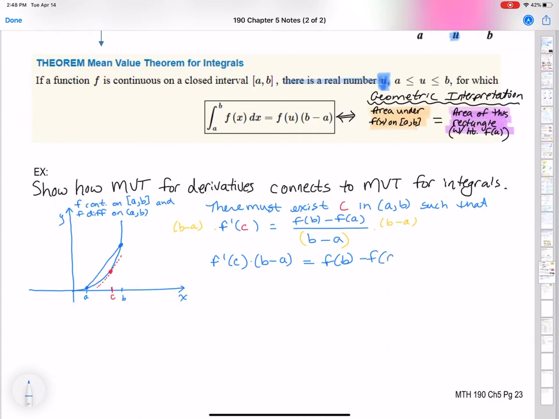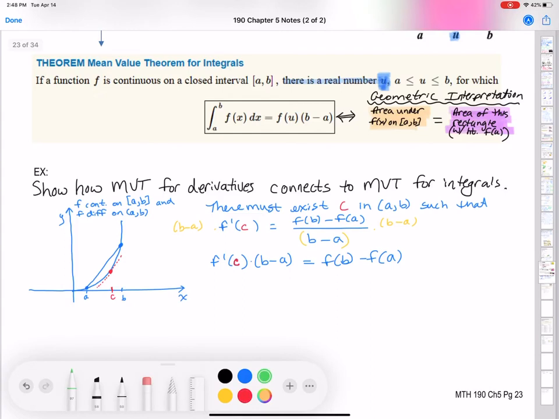is equal to f of b minus f of a. All right, so right now how I have it written, it's sort of looking like I'm getting to something where on one side I have the existence of some point c, and then times the b minus a, but on the other side the definite integral, and then this f of b minus f of a. So what I want you to think about is the second part of the fundamental theorem of calculus.